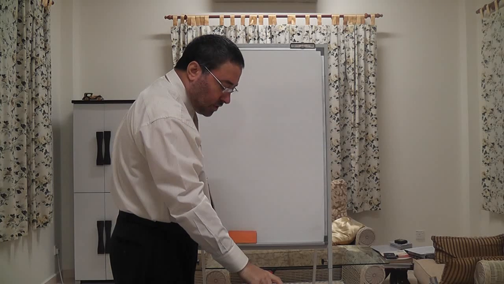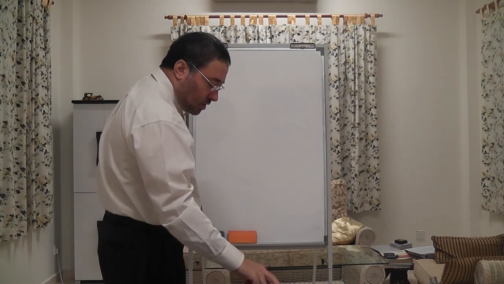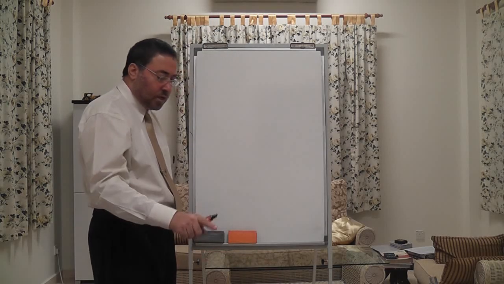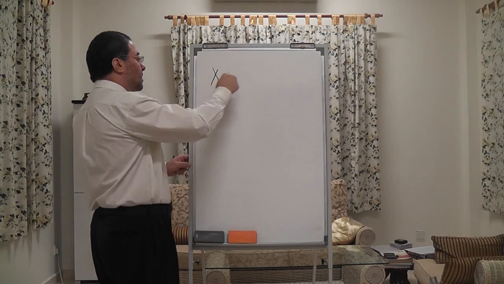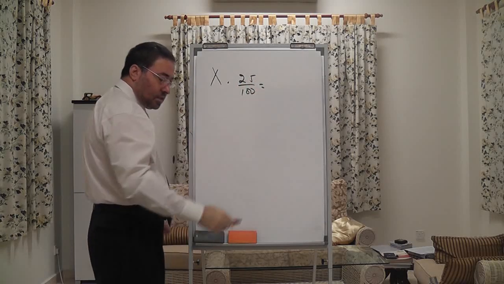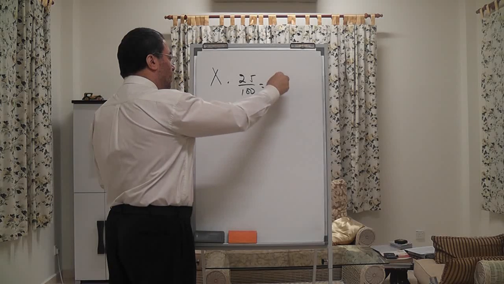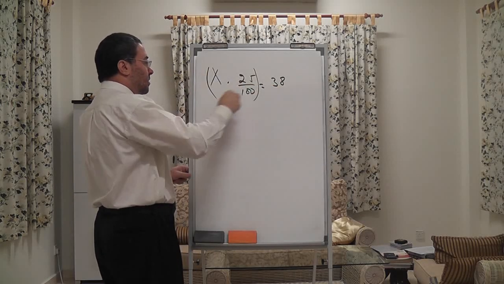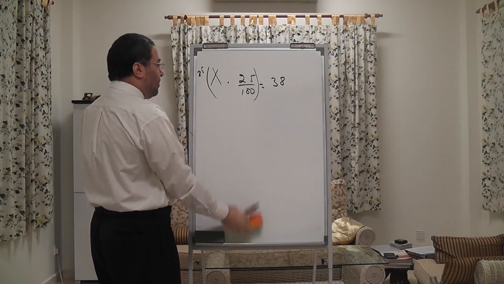Number 14, 38 is 25% of what number? Here the number is unknown, but we know 25% of that number is 38. So x times 25%, and that's equal to 38. We multiply everything by the reciprocal of this, which is 100 over 25.